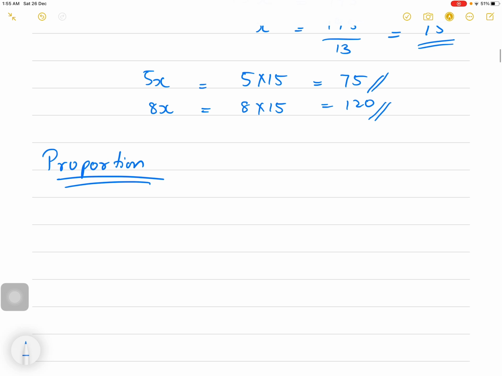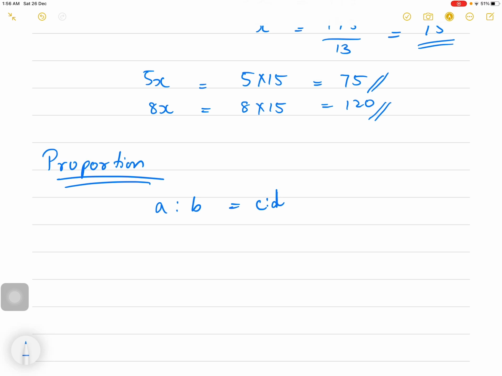If I say ratio A is to B is equal to ratio C is to D, there are 4 terms, A, B, C, D, which are said to be in proportion.